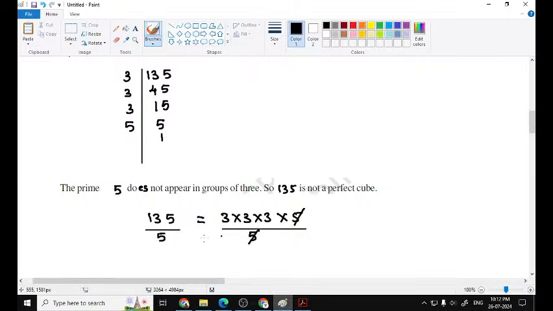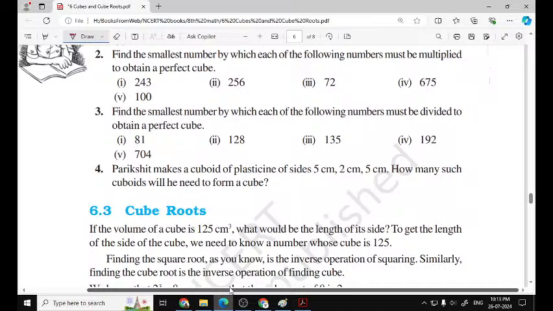This 5 will get cancelled and 135 divided by 5 is 27, which is a perfect cube. So 135 must be divided by 5 to obtain a perfect cube.